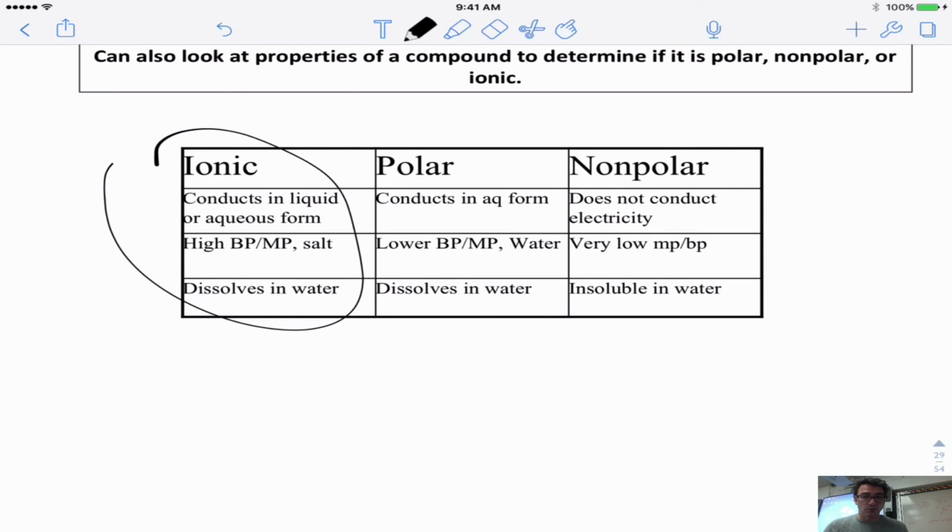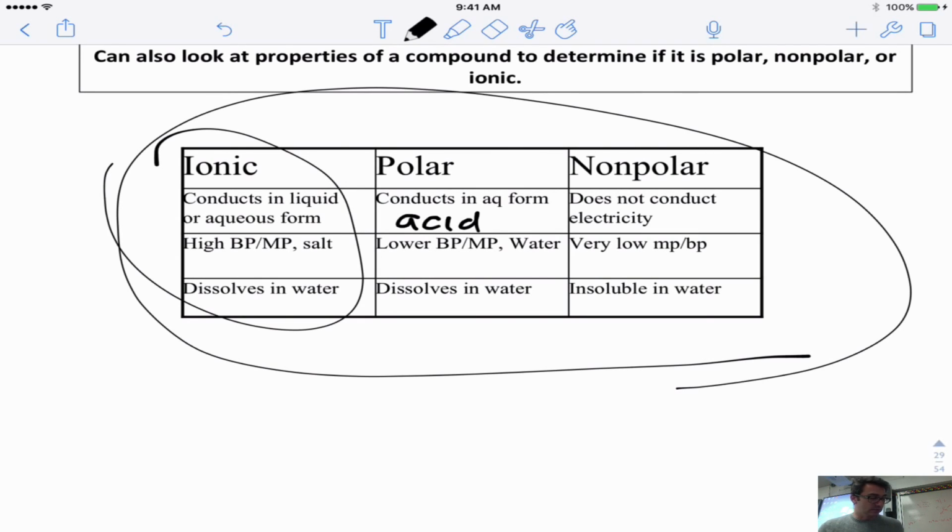I can dissolve in water. And depending on the polar compound, if you are an acid, you can actually conduct electricity in water. If you are nonpolar, then you don't dissolve in water at all. You have very low melting points and boiling points, and you tend not to conduct electricity. I'm going to come back to this again when we do intermolecular forces and discuss that with you.